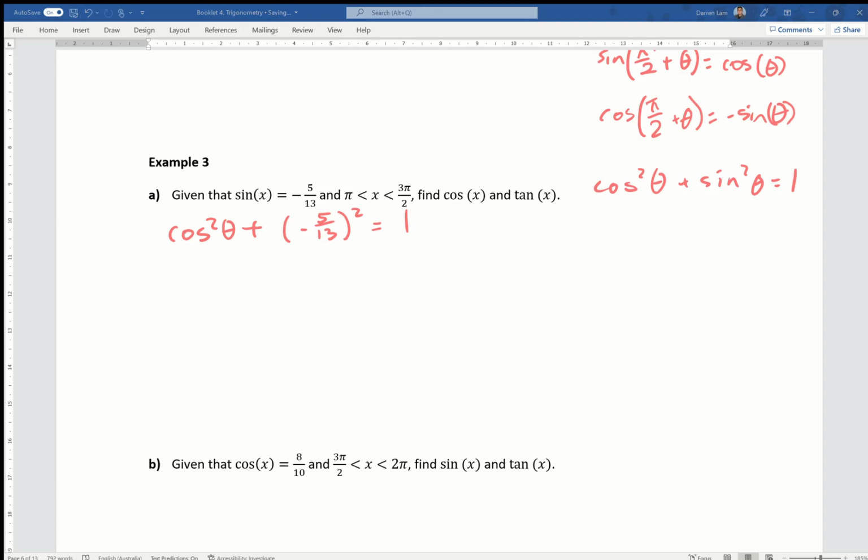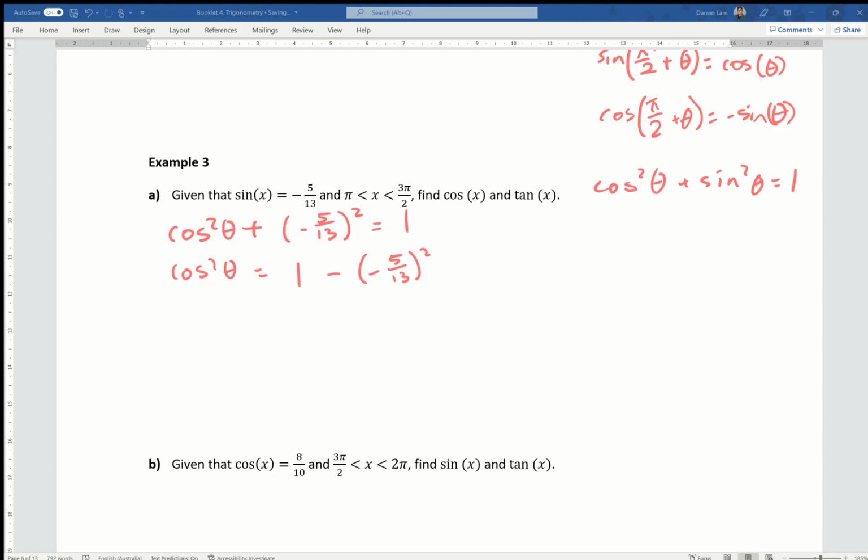Now, if I get my ClassPad out, I can put that into the calculator. Let's just rearrange it. So I get cosine squared theta equals 1 minus negative 5 on 13, both squared, on both sides.